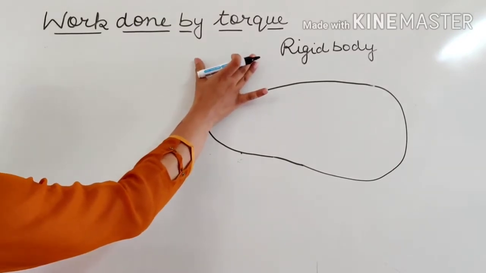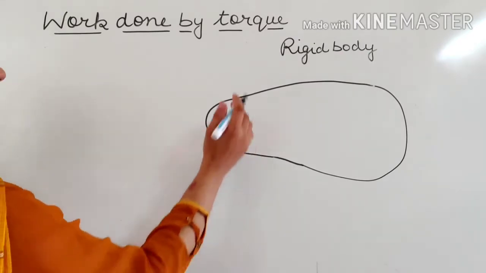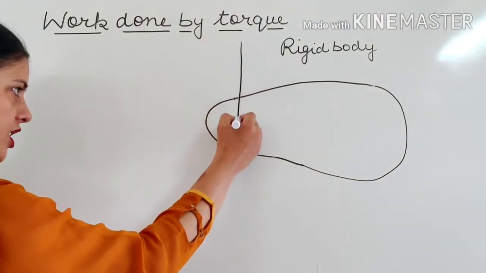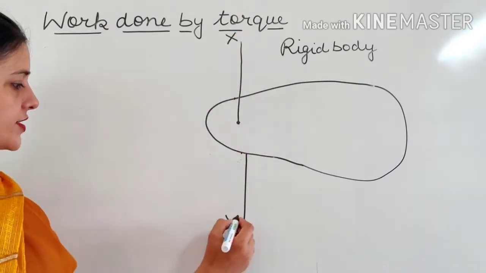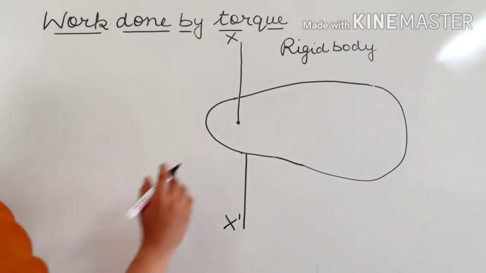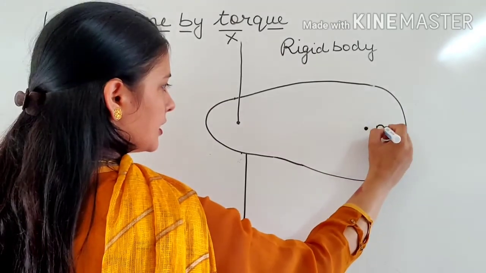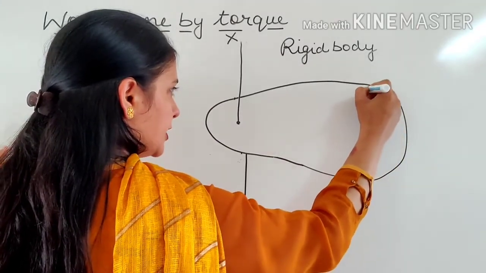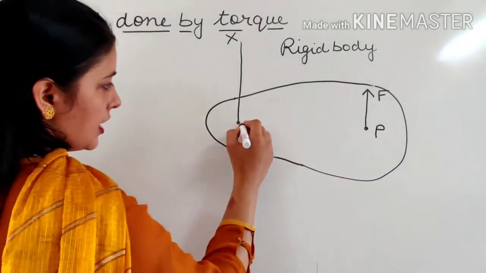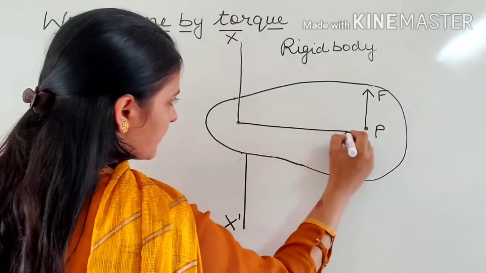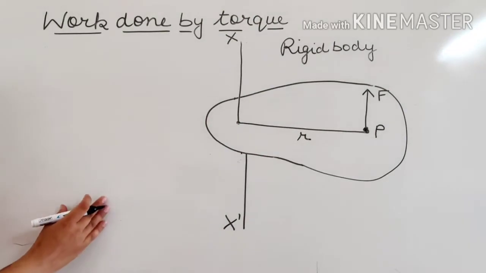Work done by torque. Let us consider a rigid body which is rotated about an axis of rotation x dash. Let us consider a point P where we apply the force in order to produce the rotational effect. Let this point P be at a distance r from the axis of rotation.